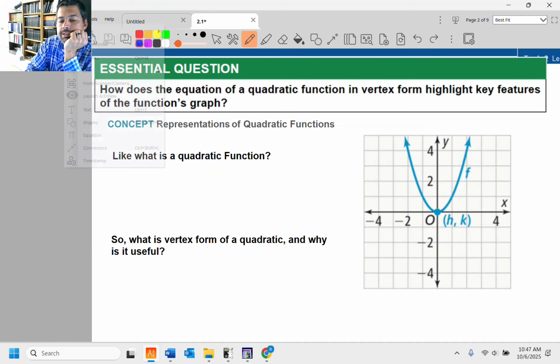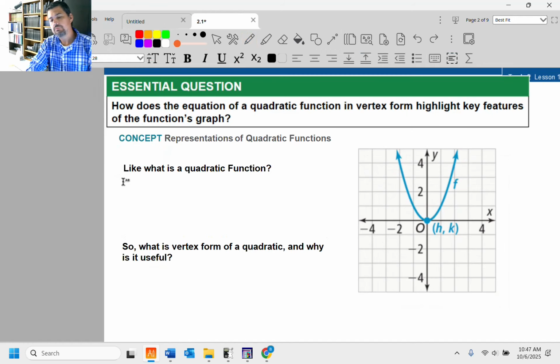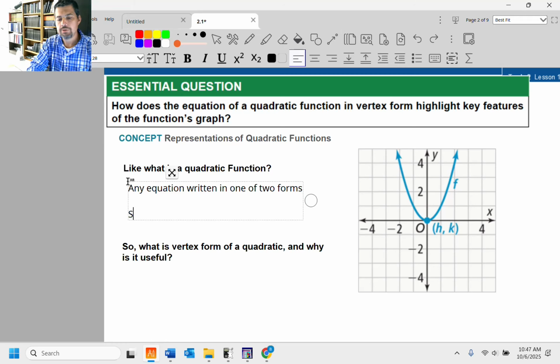So, what is a quadratic function? A quadratic function is any equation written in one of two forms. First one is called standard. I like to call it STD form, but standard form, which is, let's use function notation, f of x equals ax to the second plus bx plus c, where a, b, and c are the coefficients.